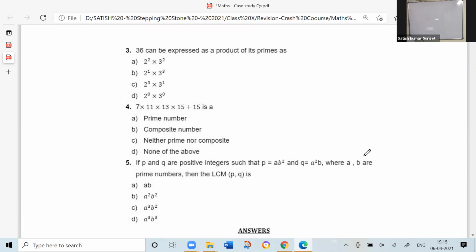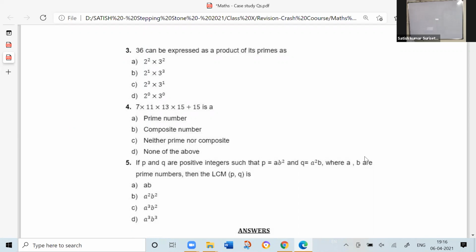Now, is the third question visible? In case if it is not visible, you can zoom it also. If you are using the mobile, you can zoom the question. Now, check third one. 36 can be expressed as a product of its primes. So factorize and tell me your answer. 2 to the power 2 into 3 to the power 2.